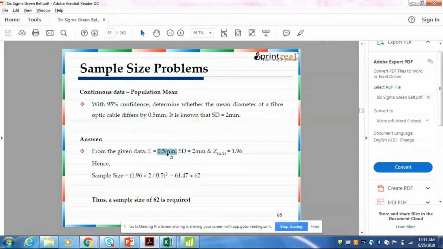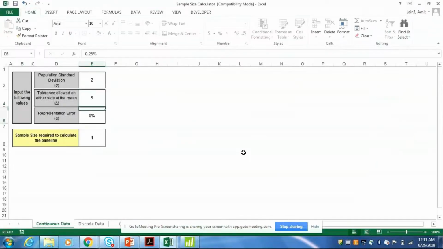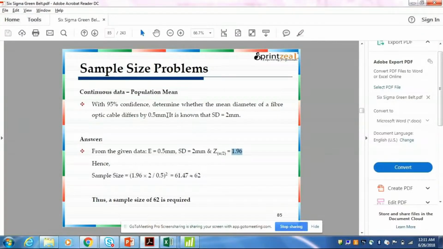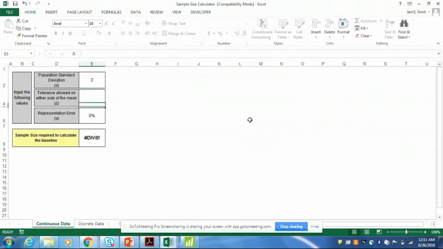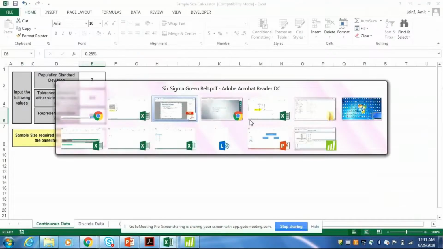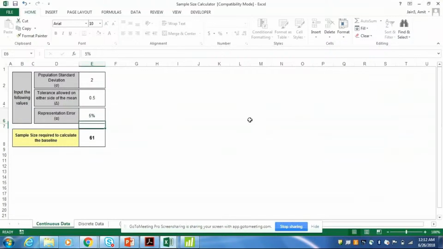Tolerance allowed on either side of mean. So if I just put the values here, population standard deviation, we knew it is 2.